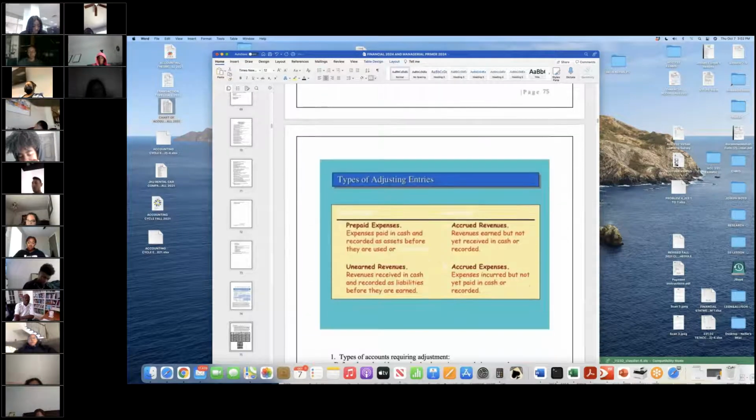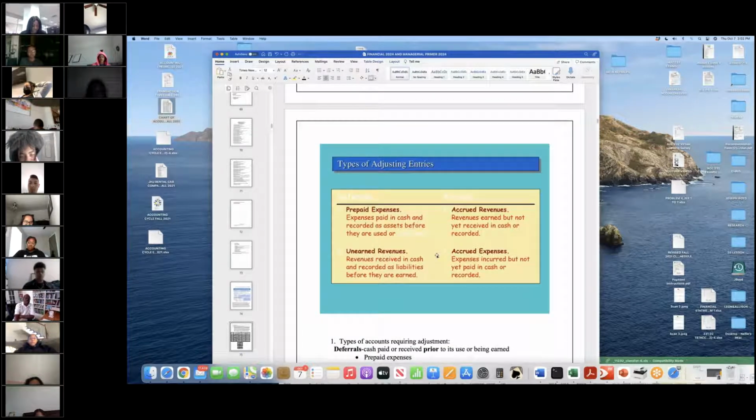Okay, so we're going to begin by looking at prepaid expenses and unearned revenues. We're going to do all of them today, and then we'll go to accrued revenues and accrued expenses next week in terms of the type of account.